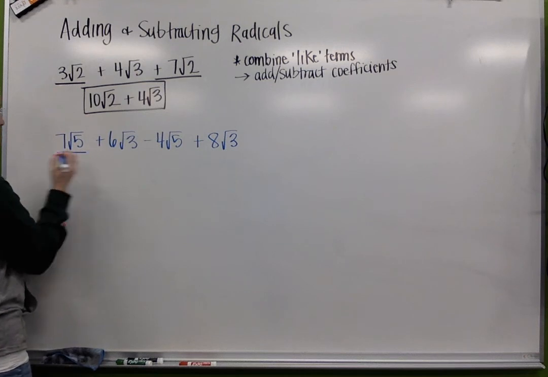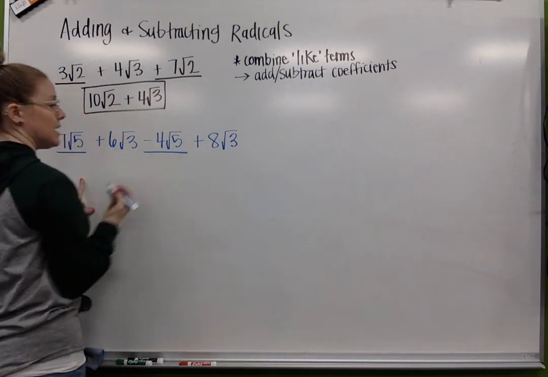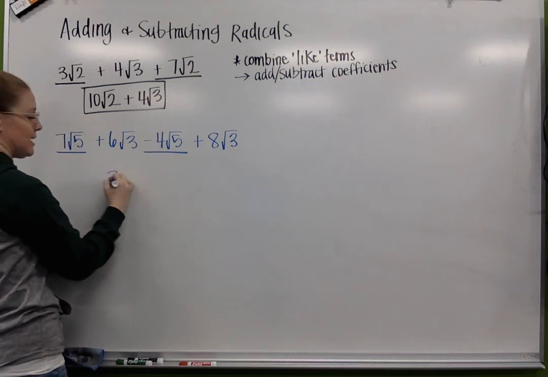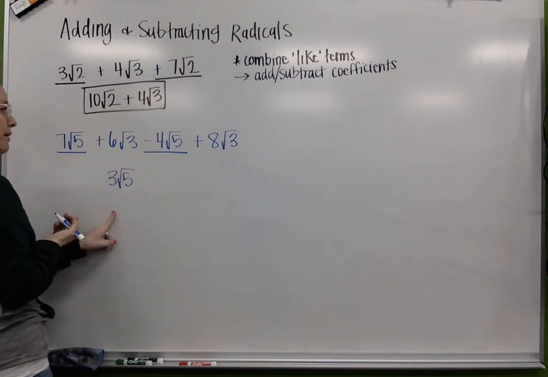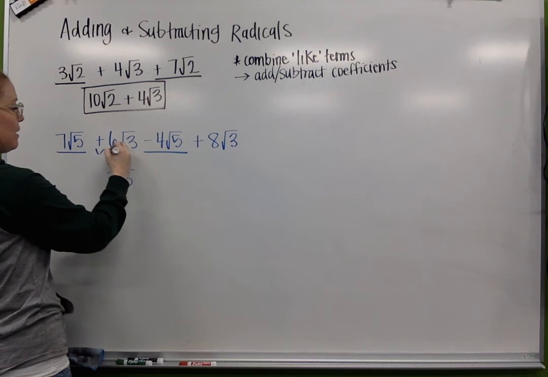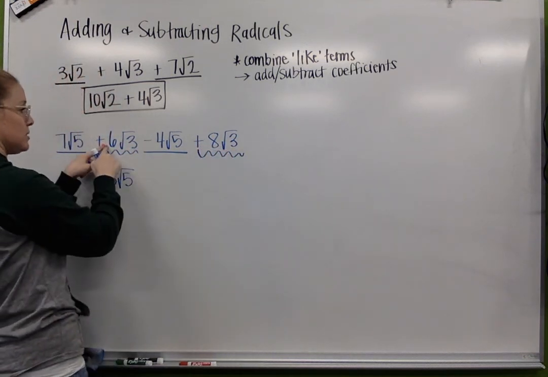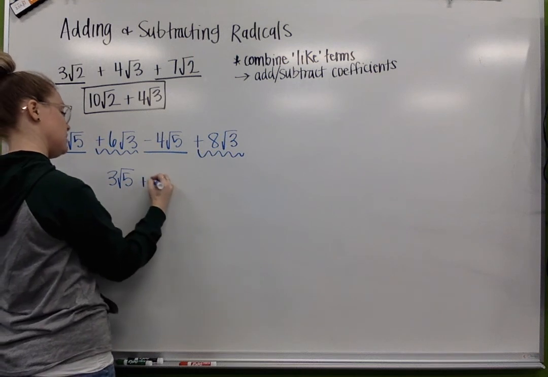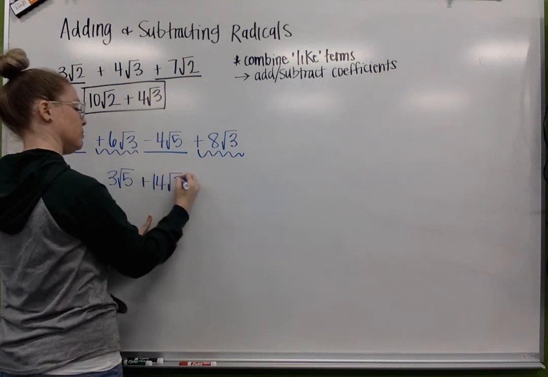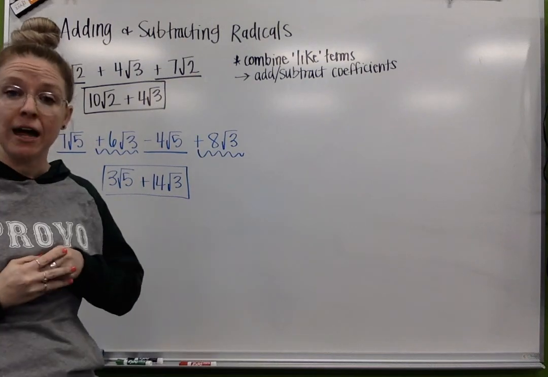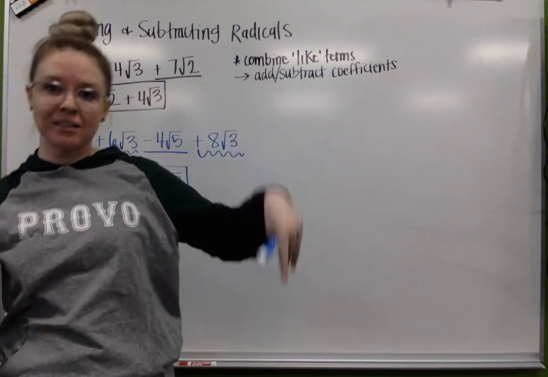So this guy, I have a 7 root 5 and a negative 4 root 5. So 7 minus 4 is 3 root 5. And then I have a 6 root 3 and an 8 root 3. So 6 plus 8, that's 14 root 3's. Adding and subtracting radicals. Check, done.